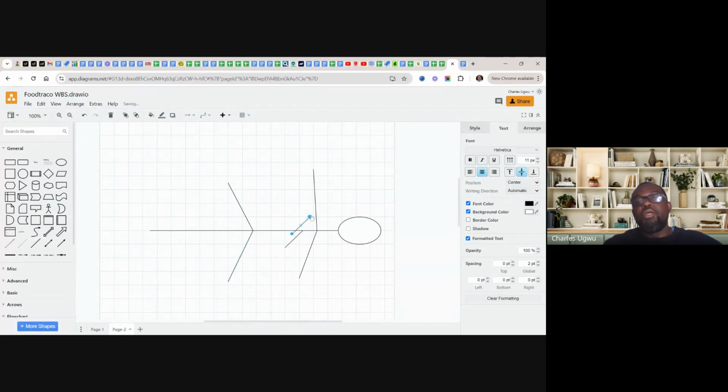See, I'm beginning to get my own fishbone gradually. That's it, fishbone.